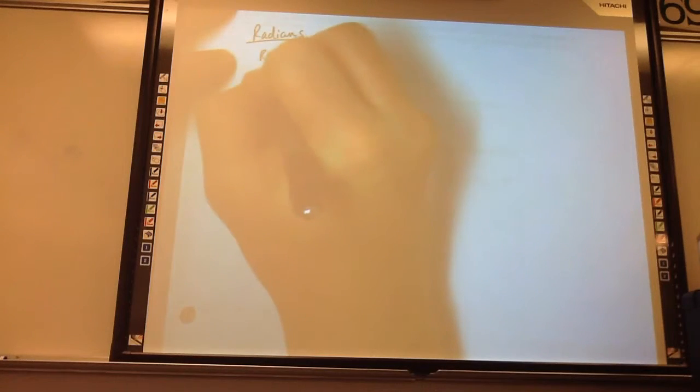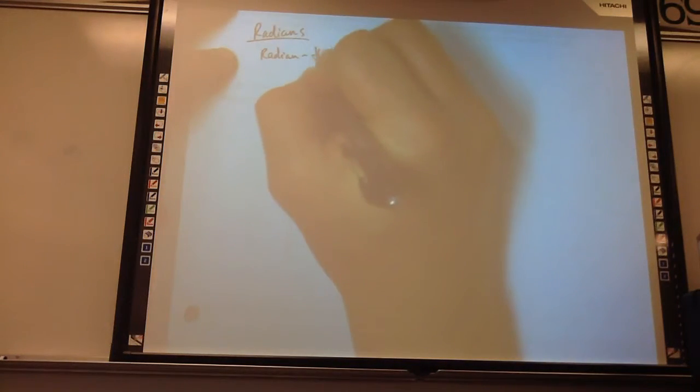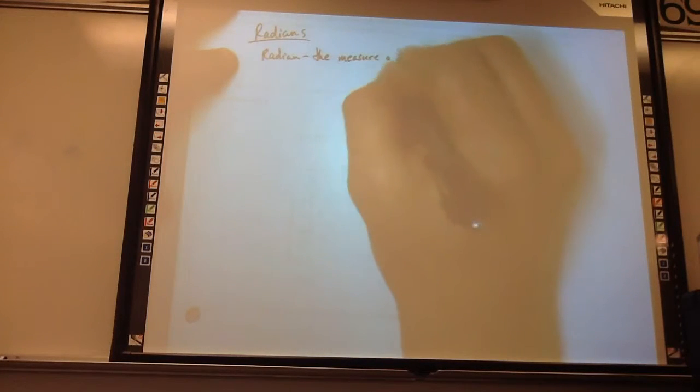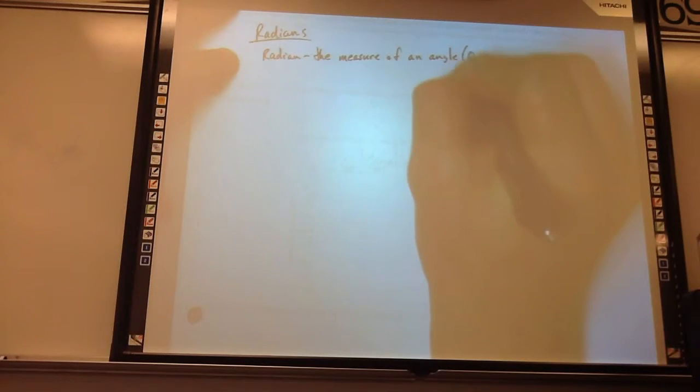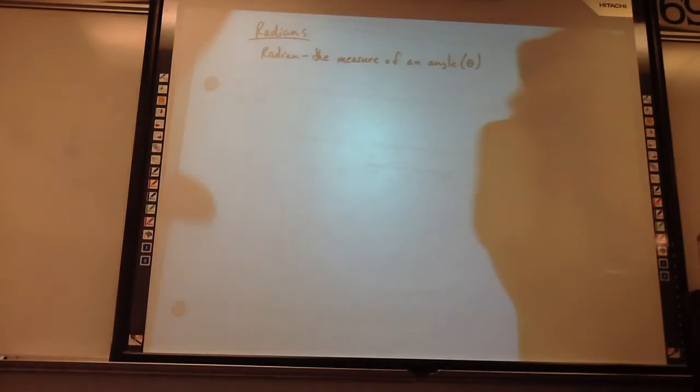Radians, what is a radian? You want the definition of a radian? It's the measure of an angle. We'll call that angle theta.